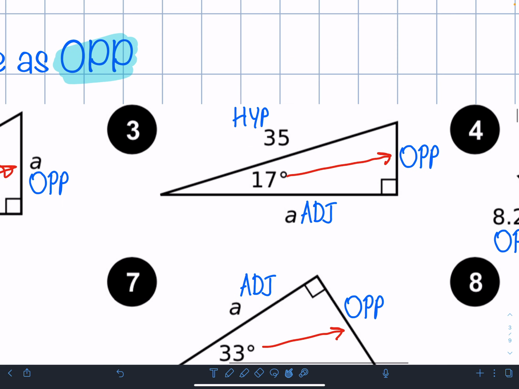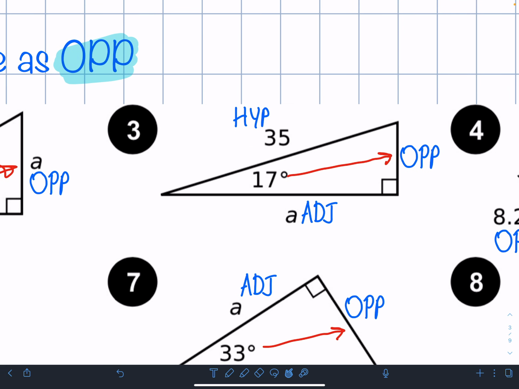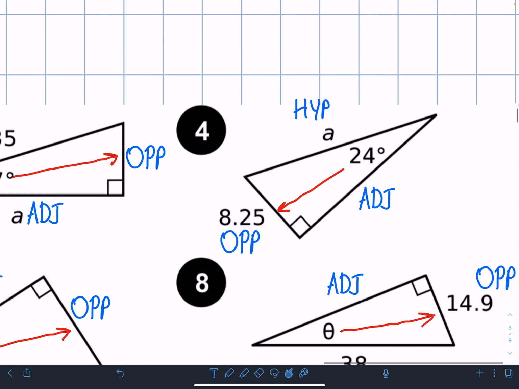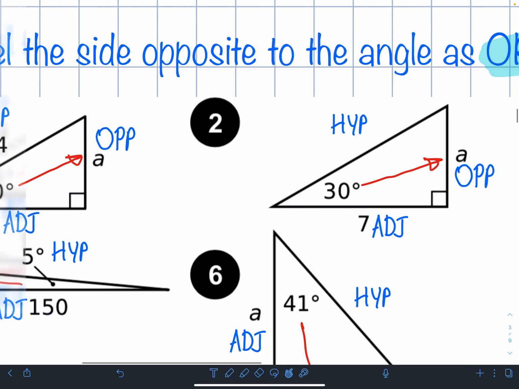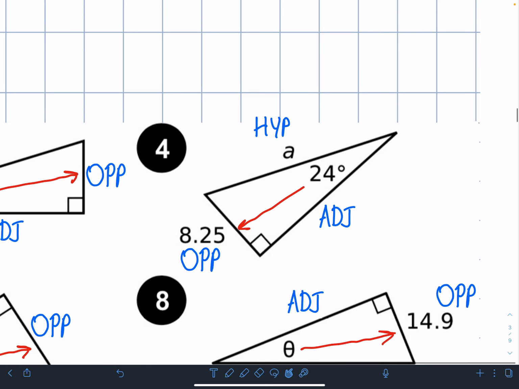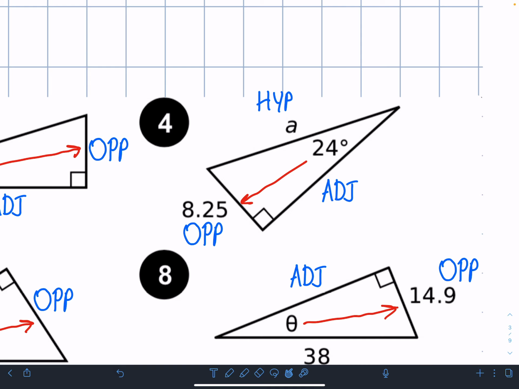And number 3, it's not labelled with a length or a letter, a pronumeral, but you can see that the one opposite 17 degrees is labelled. And also for 4, you can see that it's actually twisted around, but it doesn't matter that it's twisted around.